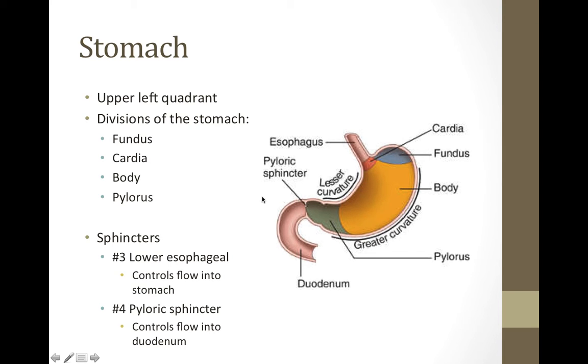This is regulating movement of gastric contents from the stomach to the duodenum. The duodenum is the first part of the small intestine. So basically, gastric juices squirt through this pyloric sphincter into the duodenum. When you hear the term gastric, you should think stomach. Everything gastric is associated with the stomach.